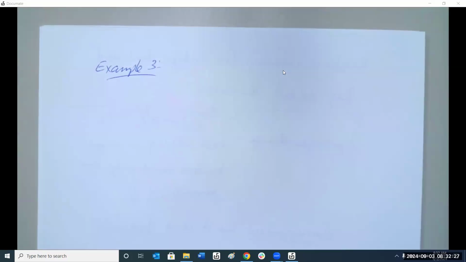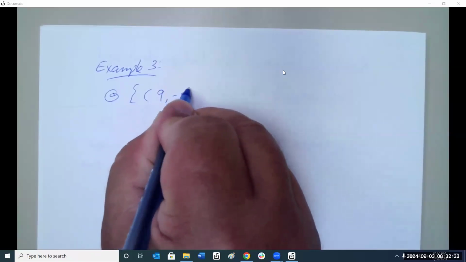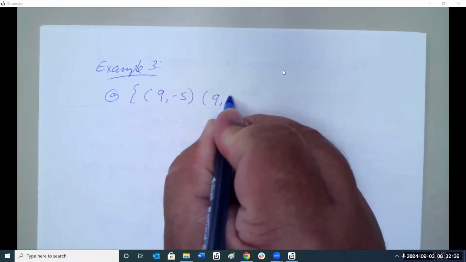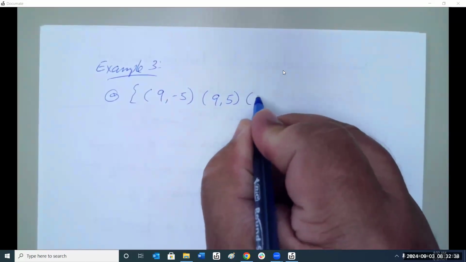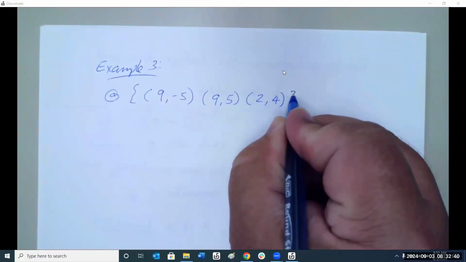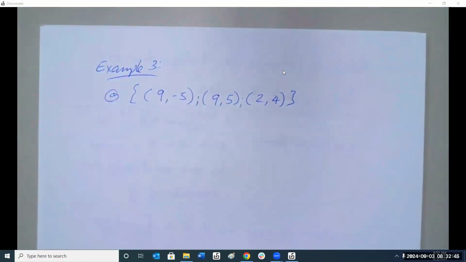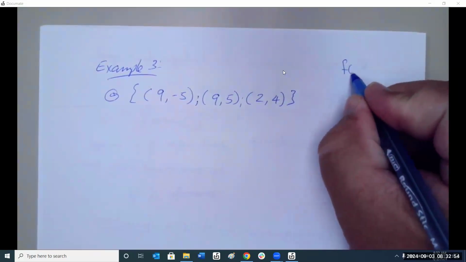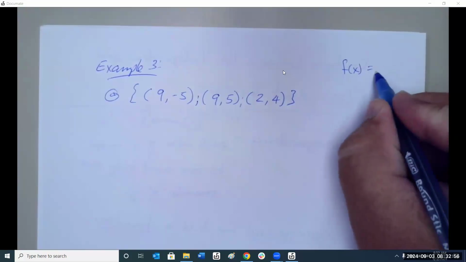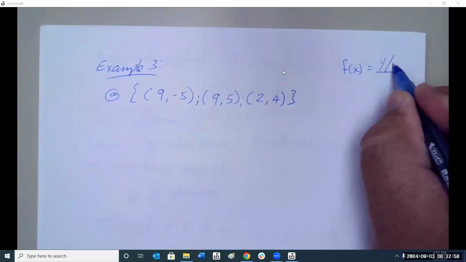Example 3. Okay, here we have it. Now it's asking you, is the following relation a correspondence, or is it a function? Is it a function, yes or no?